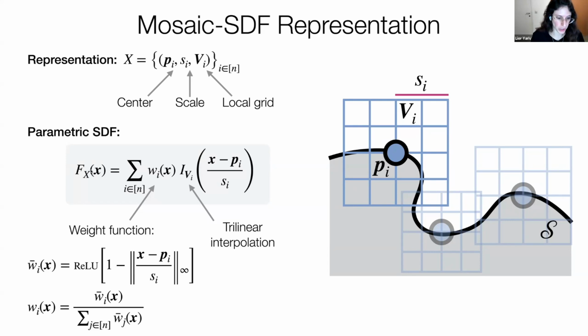So this is the representation, and let me explain now how I can pre-process it: given a mesh from the data set, a 3D shape, how can I make this representation a good approximation for our surface.